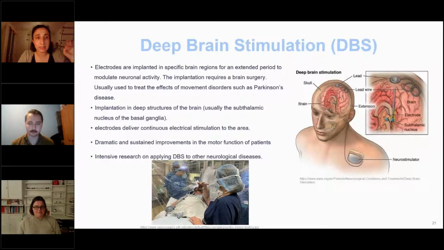Usually we implant it for motor disorders. We implant it in the subthalamic nucleus of the basal ganglia.